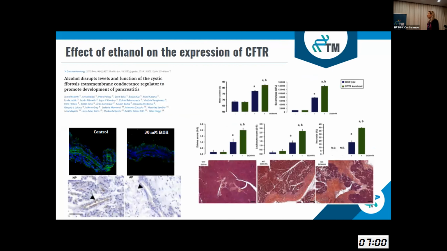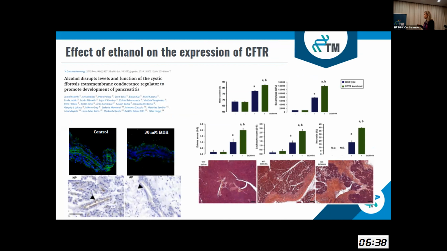So ethanol not only inhibits the activity of the CFTR chloride channel, but also its expression. This has been confirmed both experimentally and clinically in alcoholic acute pancreatitis patients.